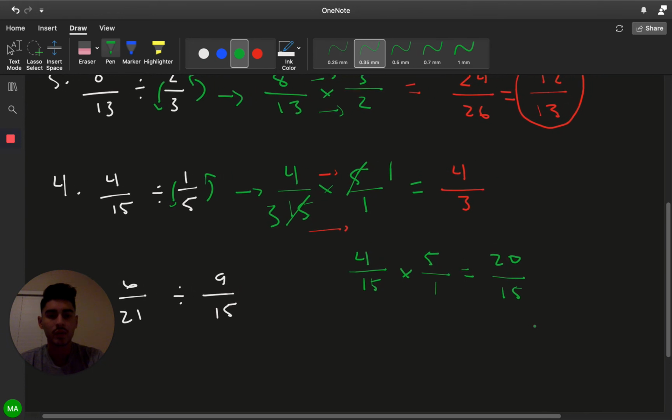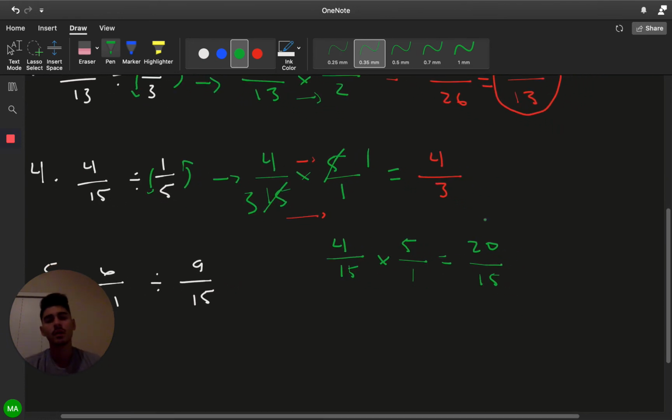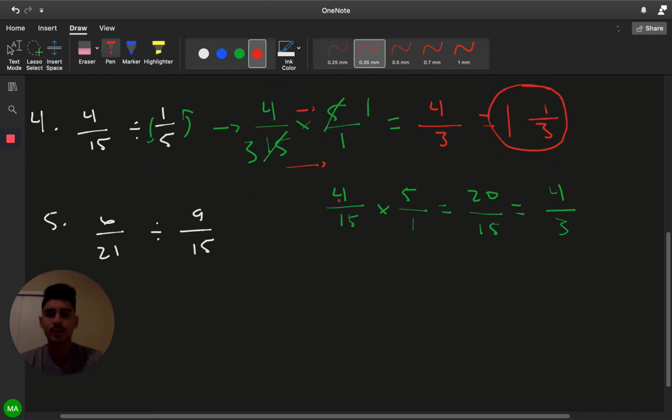If you could divide both sides by 5, this would be 4 over 3. And 4 over 3 is the same thing as 1 and 1/3, because 3 times 1 is 3 plus 1 makes 4. So we gotta rewrite that number just like that.